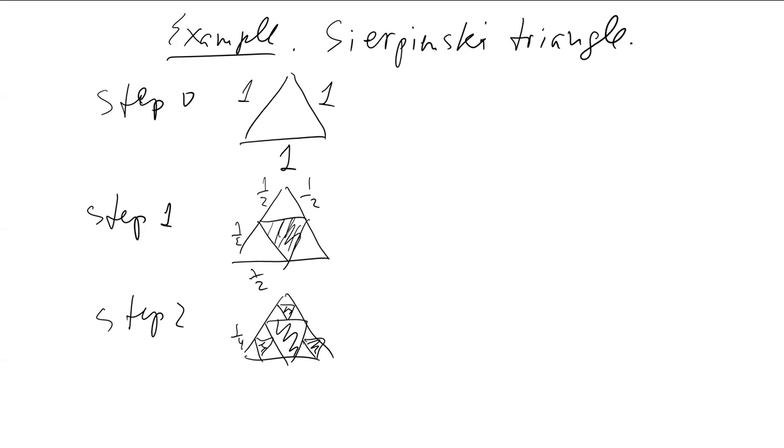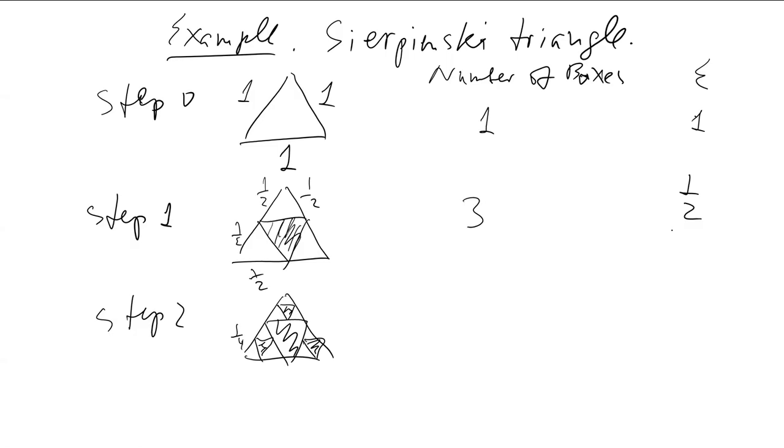So what we have here, number of boxes and epsilon. So 1 box, epsilon equals to 1. So here we have 3 boxes, epsilon is half.